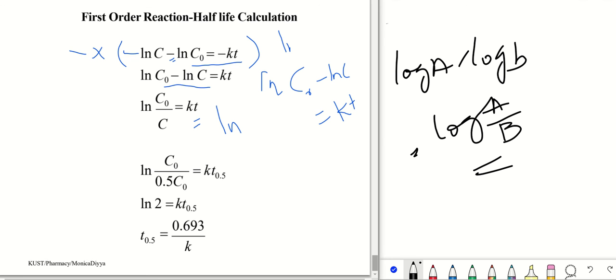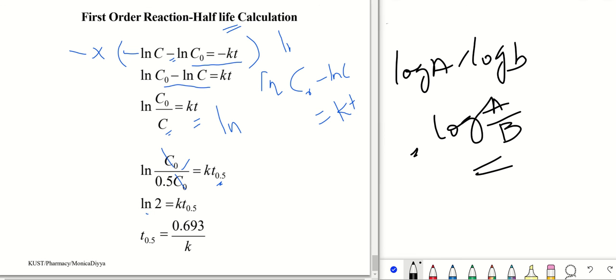So c naught, the initial concentration, by what is c? Half of its initial concentration, right? Meaning 0.5 of the initial concentration, because we are calculating t half, is equal to k into t half. So c naught gets cancelled.